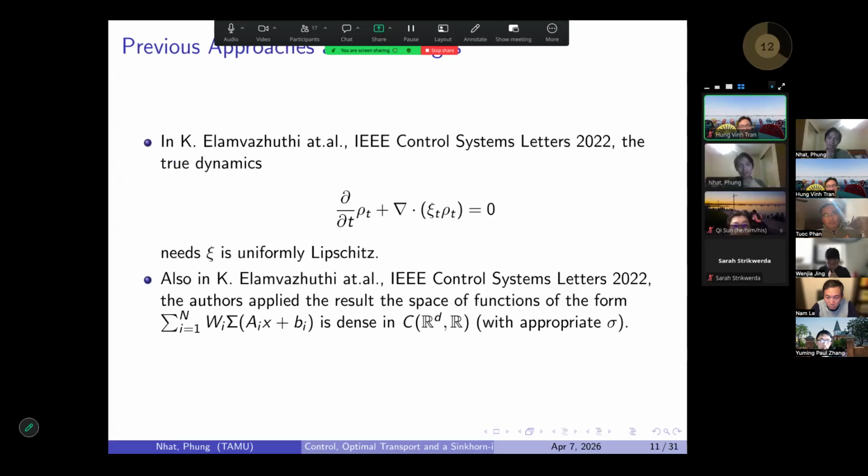And then we have another author who is also working on this transport. One of the problematic things is that the assumption on the equation is that the vector field has to be uniformly Lipschitz.